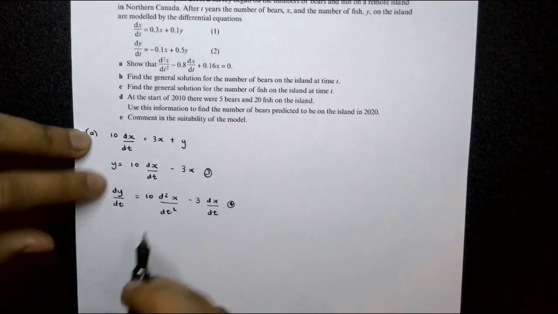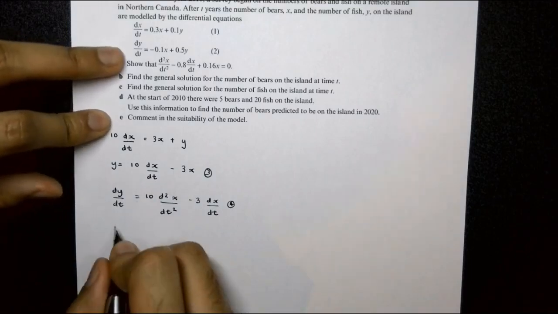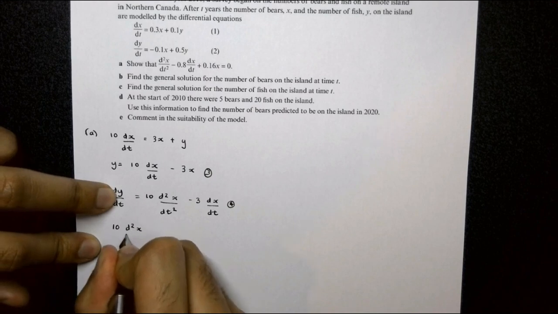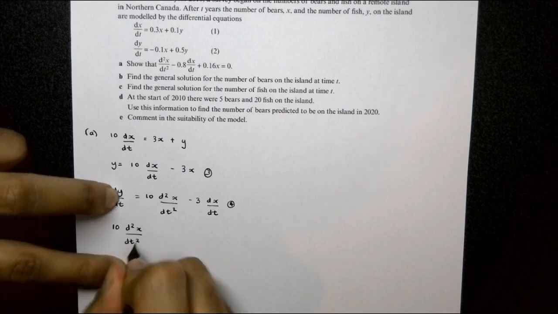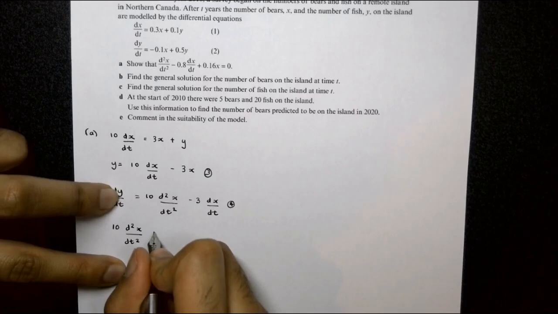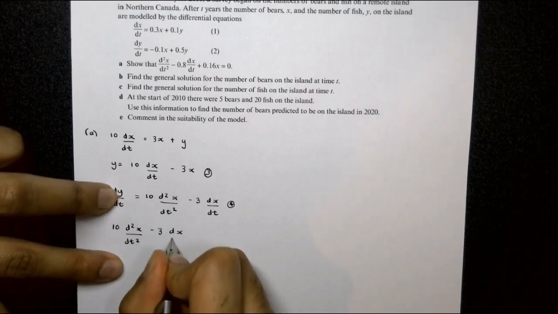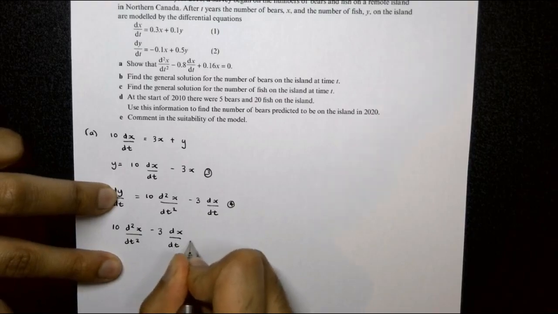That is over here. So we have 10 lots of d squared x over dt squared, and then we have minus 3 lots of dx over dt.